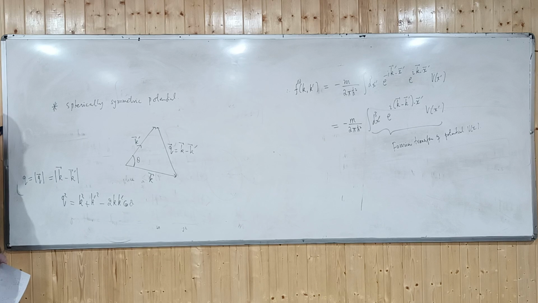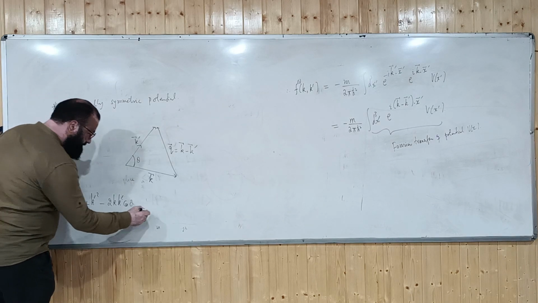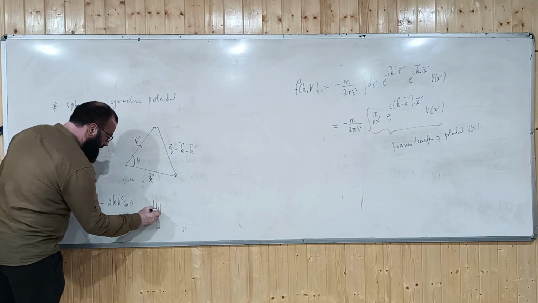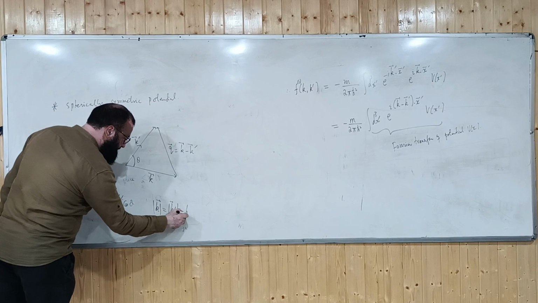Got it? Now since we are in the elastic scattering domain, we are considering only elastic scattering, or at least we are considering energy conservation. When you have energy conservation, the magnitude of k and the magnitude of k prime are the same.